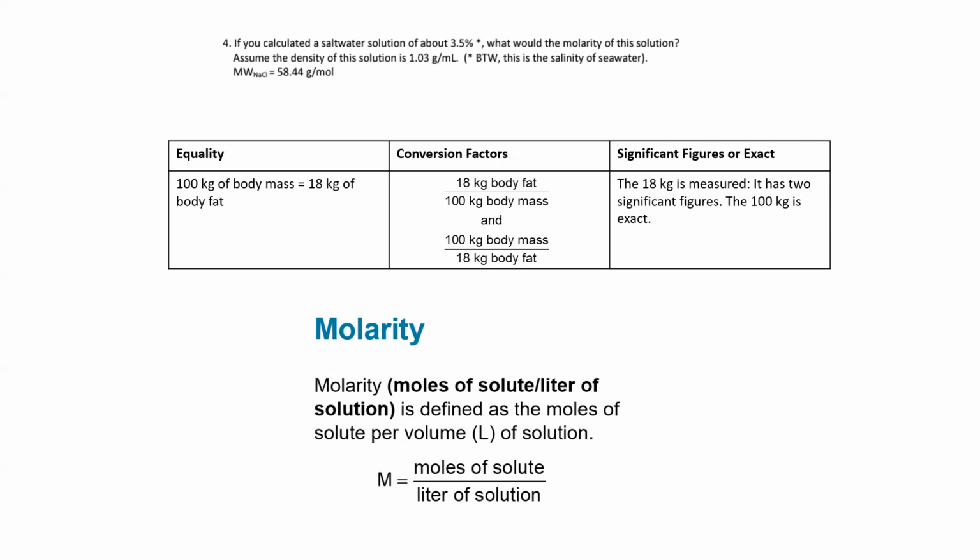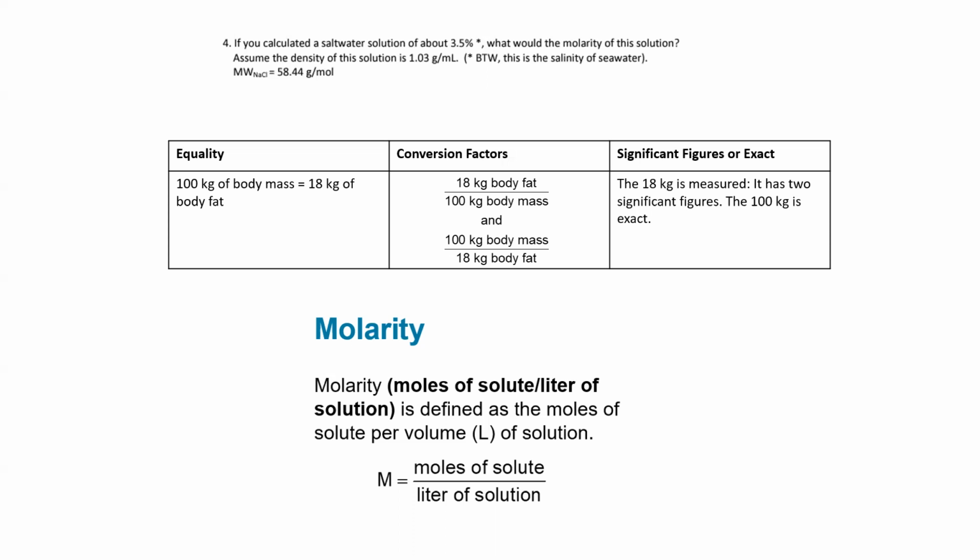You know how to convert grams to moles. We're going to use the molar mass, also known as the molecular weight, which was provided in the problem. If we take that 3.5 grams of sodium chloride and divide it by the molar mass, 58.44 grams in 1 mole, we'll have the moles of sodium chloride. Then we'll be in the correct unit for the numerator.